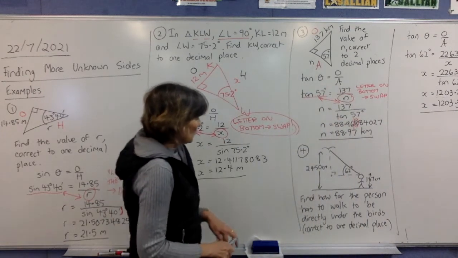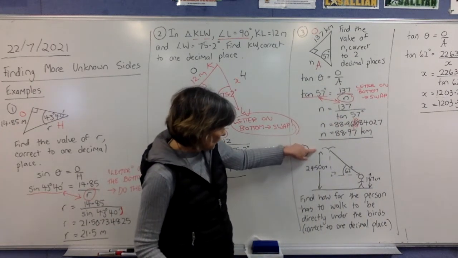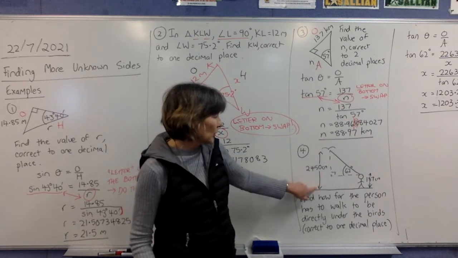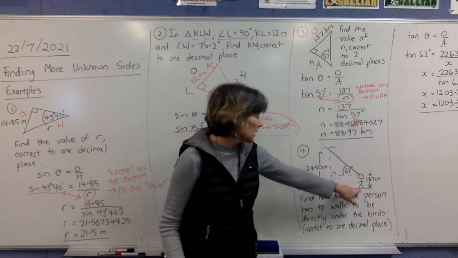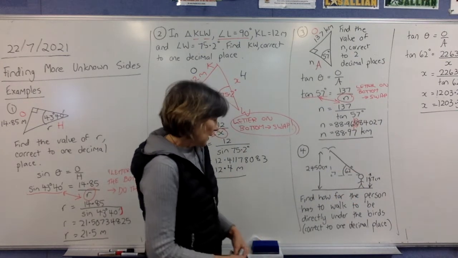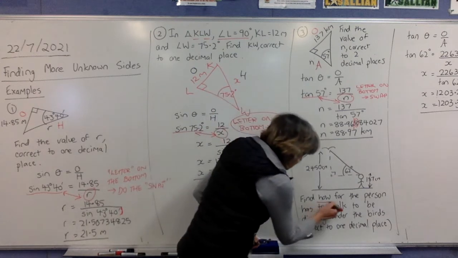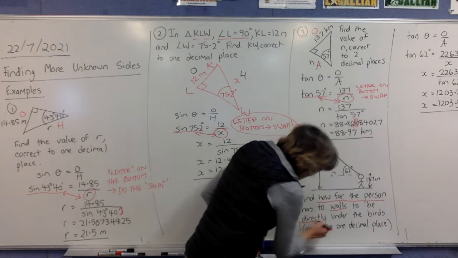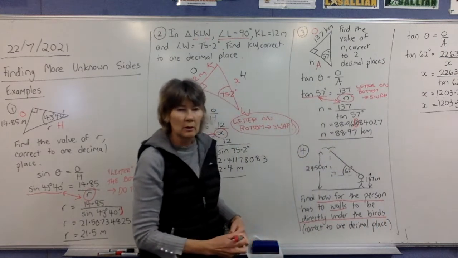Now, the question is telling you that the bird is 2,450 centimetres above the ground. And he's the man standing on the ground, 187 centimetres tall. We're finding how far the person has to walk to be directly under the bird.